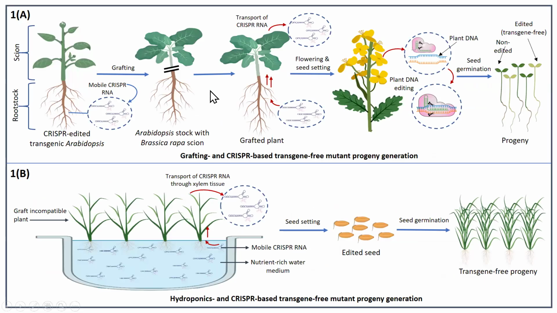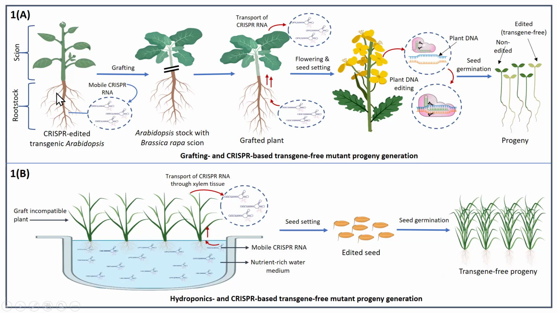And recently, a big advancement has taken place. For example, here you can see the grafting system: the upper part is called the scion, and the lower part is called the rootstock. If you make a CRISPR-Cas construct and make a transgenic rootstock, and put a scion on it, interestingly, through the vascular system, the CRISPR construct can go up and edit the plant.